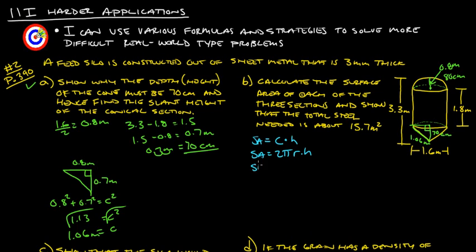So our surface area of just this piece here is going to be 2 times pi, and again we know that the radius of this thing here is 0.8, and we know the height is 1.8.